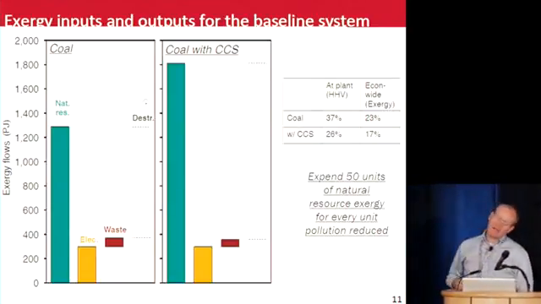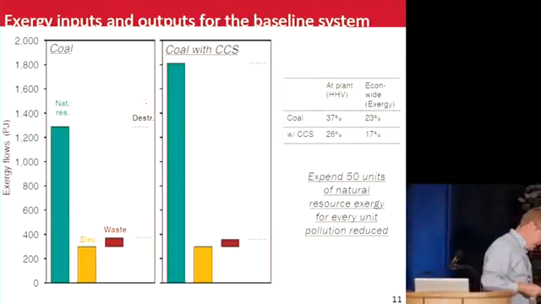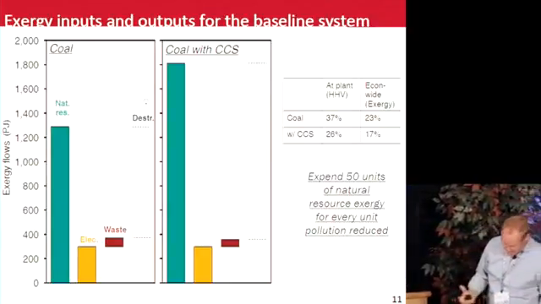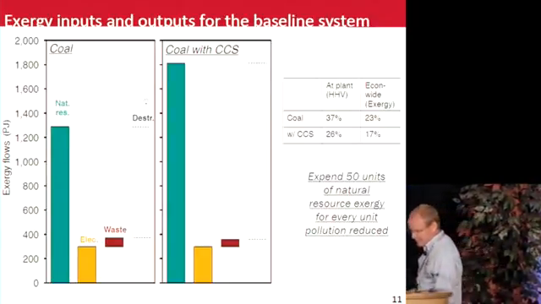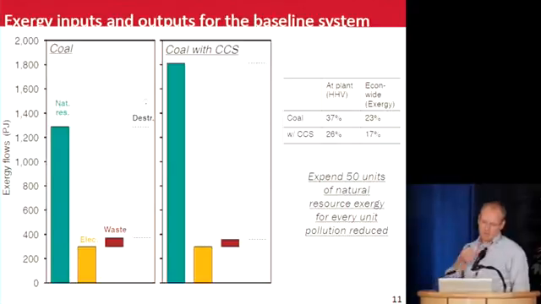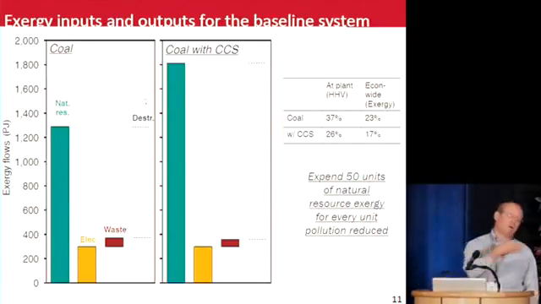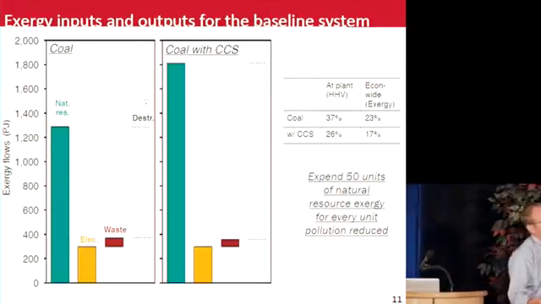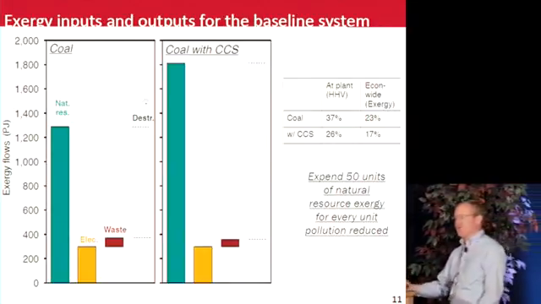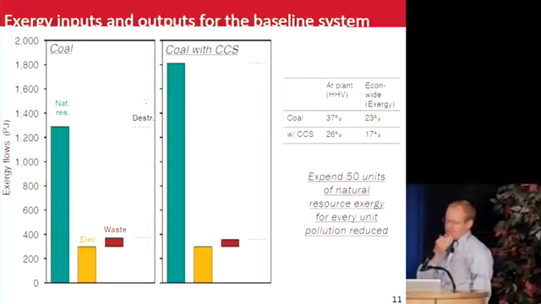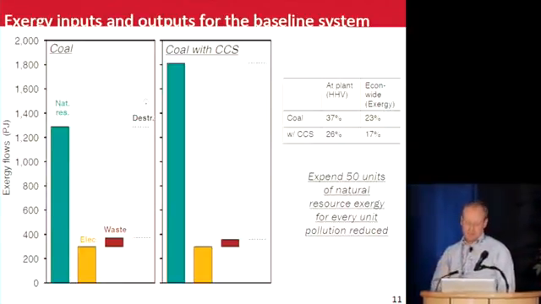Taking an economy-wide exergy efficiency, what this means is the exergy content of the electricity sold by the plant, at the plant gate, or the bus bar where it interacts with the grid, divided by the exergy content of all natural resources brought into the plant, directly in the form of coal, indirectly in the form of iron ore and everything else required to build and operate that plant.